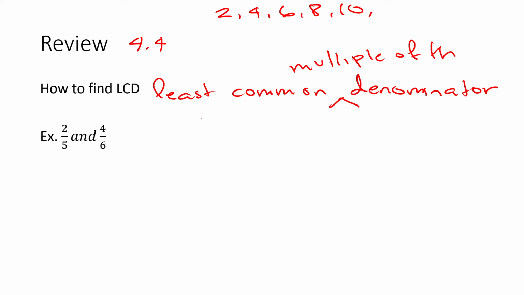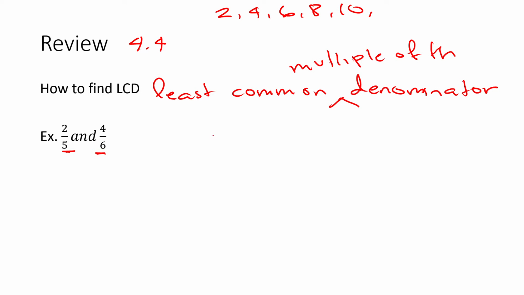So now we're finding the least common denominator of these two fractions, 2/5 and 4/6. So what LCD are we looking for? We're looking for the LCD of 5 and 6.